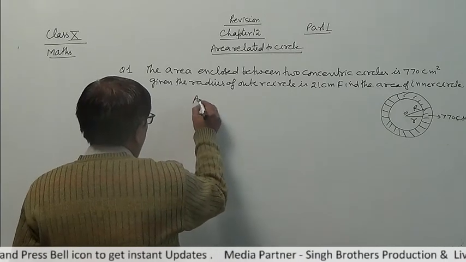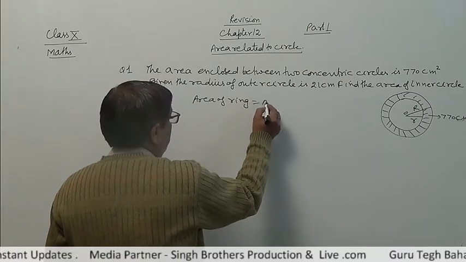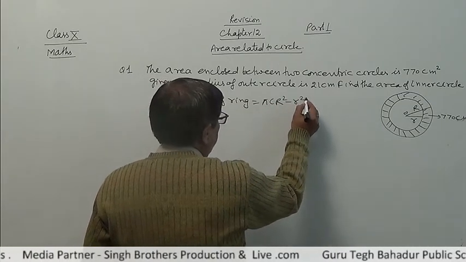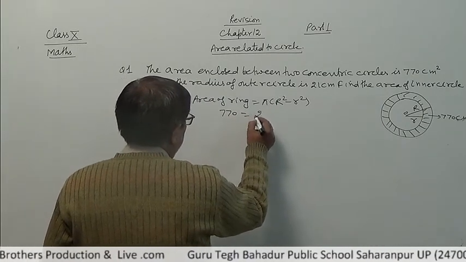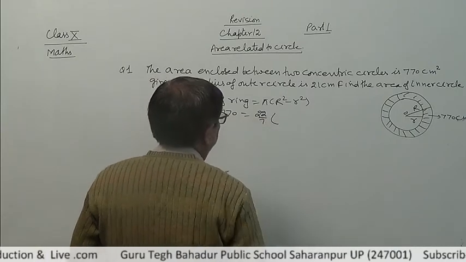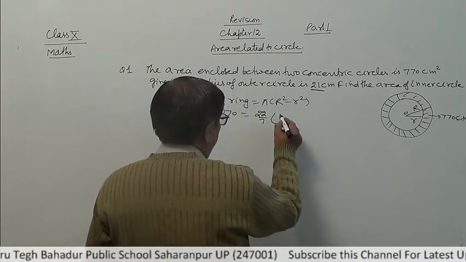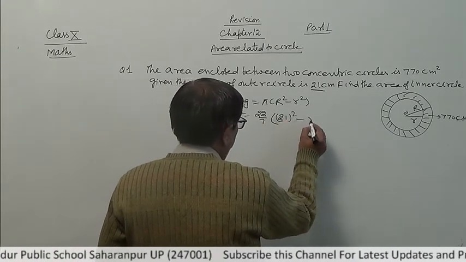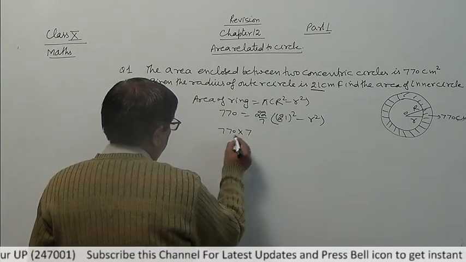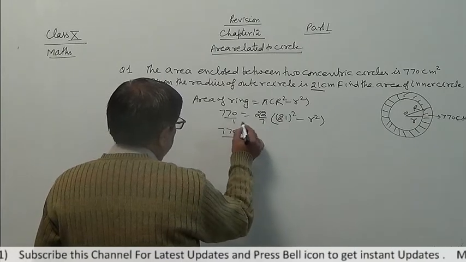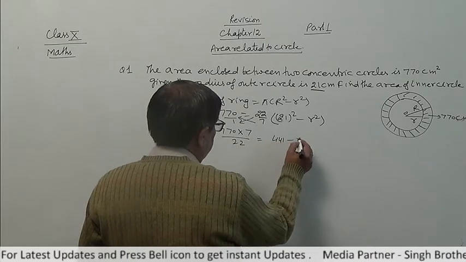So area of ring, that is pi into capital R square minus small r square. 770 equals 22 upon 7, outer radius capital R is 21. So 21 square minus r square. 770 into 7 upon 22 is equal to 441 minus r square.